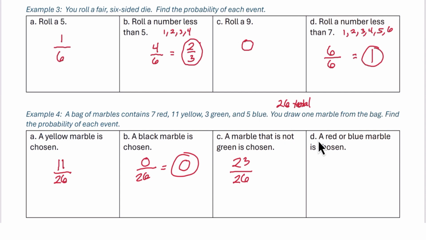And part D, we want to choose red or blue. Red, there's 7 of those, and 5 blue. 7 plus 5 will give us 12. 12 ways to get red or blue, divided by the total number of possible outcomes, 26. And this one will reduce. We'll get 6 divided by 13.